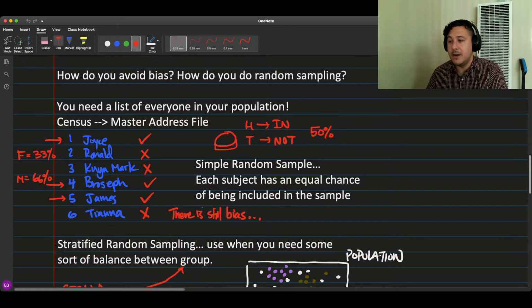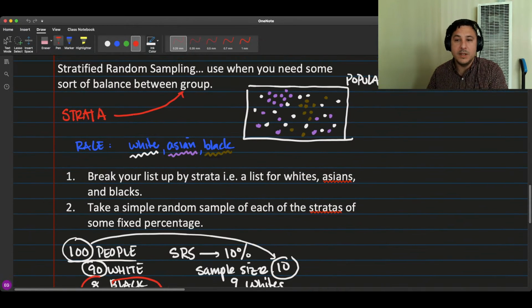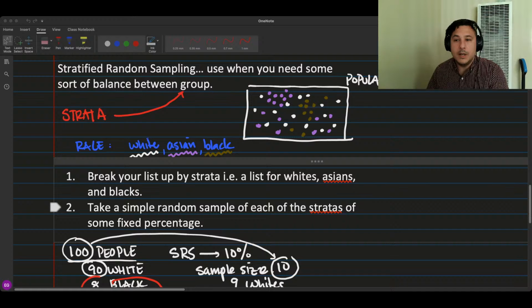Then we talked about how that can still have bias. So I started talking to you about stratified random sampling. The way stratified random sampling works is that first you break your population into strata. I drew this little picture here, a little rectangle with all the different colored dots in there. Our strata in this case was race.